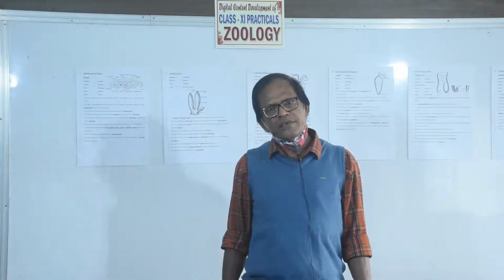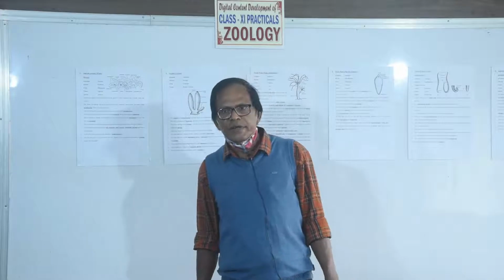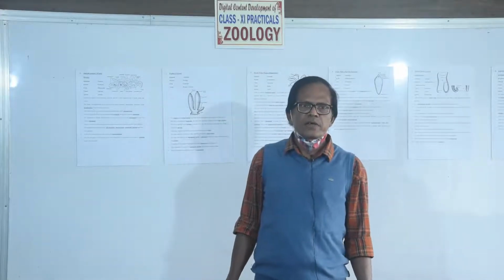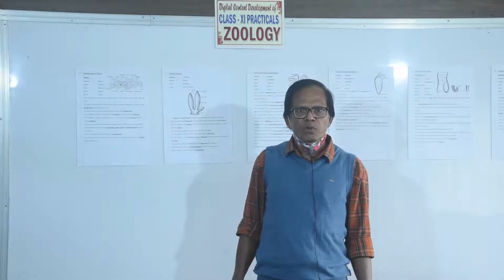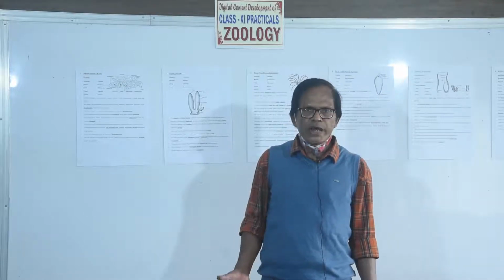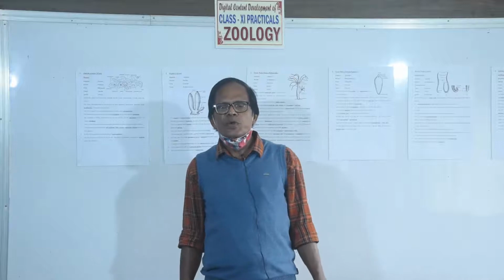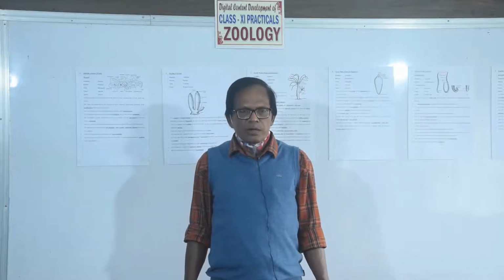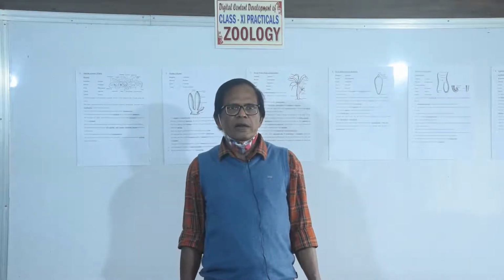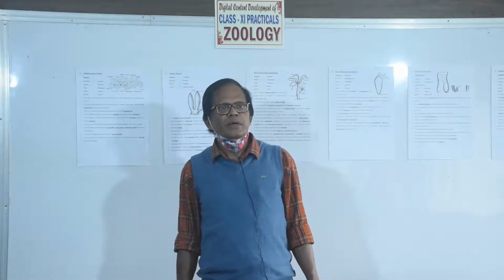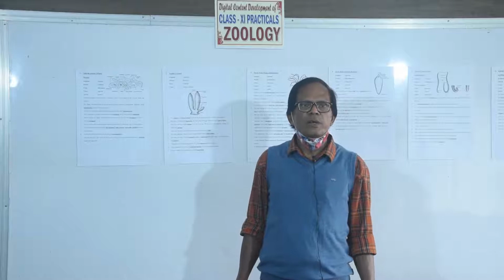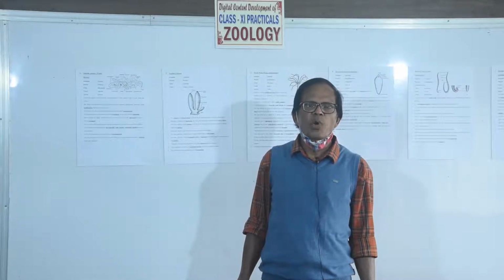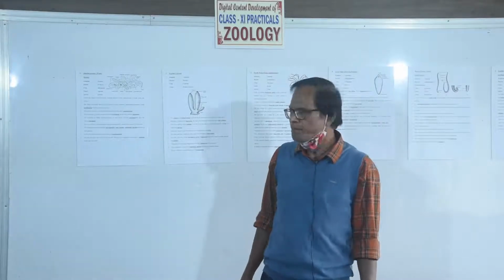A student is supposed to write 5 to 6 characters. He or she will be allowed only 3 to 4 minutes to draw the labelled diagram, write the features and then identify it. Therefore, only 7 to 8 important identifying characters one is supposed to write.